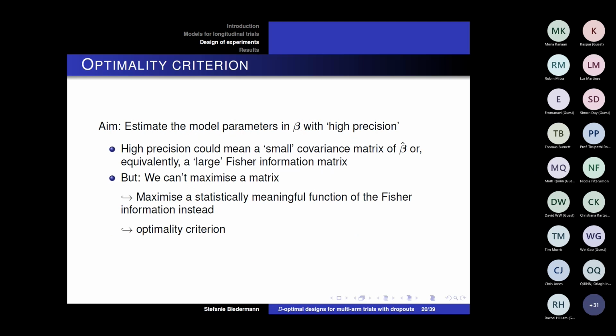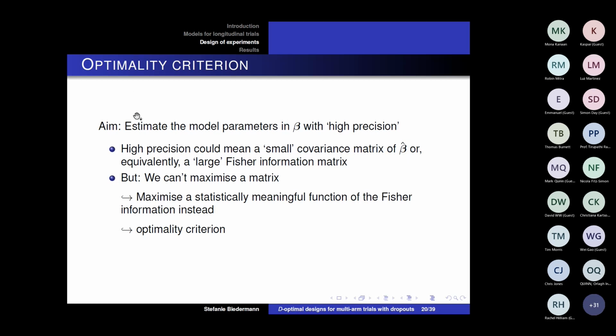Okay, now the question is how can we find an optimal design? We have now more or less established what we mean by design, but what is optimal?